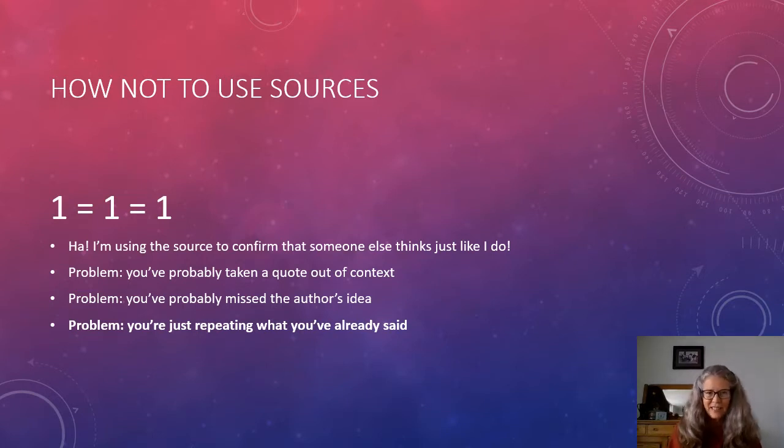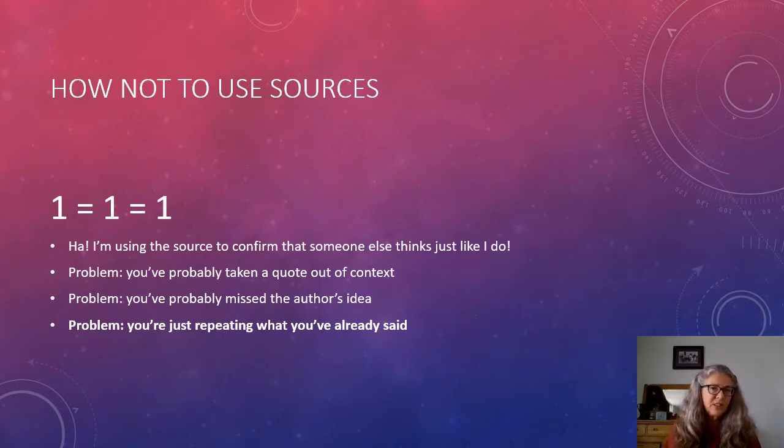I'm using this writer, and look, that writer agrees with me. They think just the way I do. So if the first number there is your own work, what you're doing with the source is you're equating what you think to what that other person thinks. You end up with 1 = 1 = 1 and a lot of repetition.